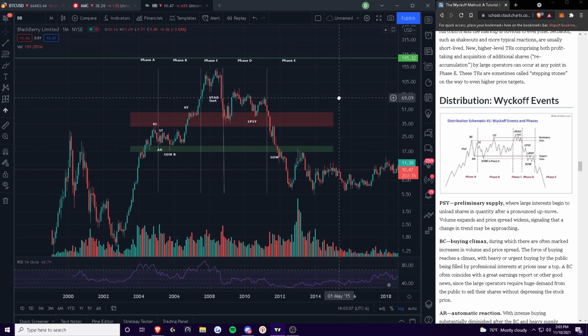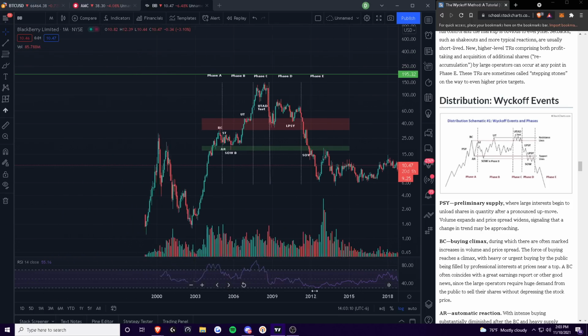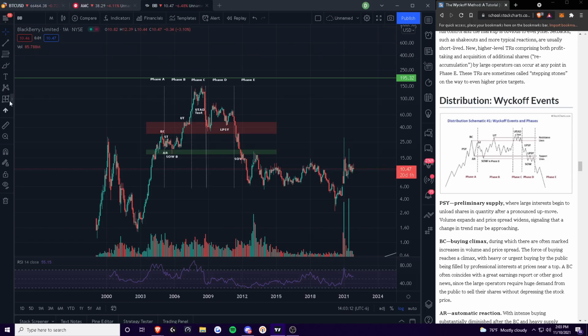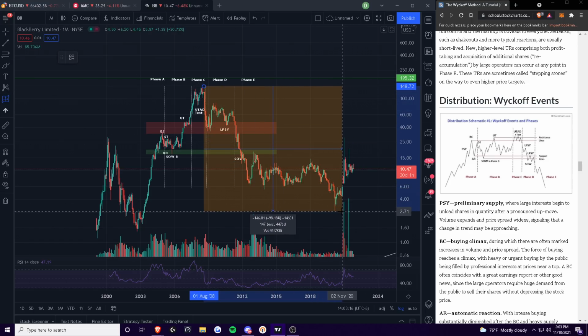Like, wow. What a difference. What percentage loss is that if you were to measure it? 98%. So if you bought this peak here in 2008, you were just sitting here thinking it's going to go back up eventually.